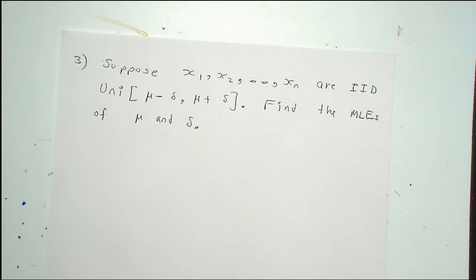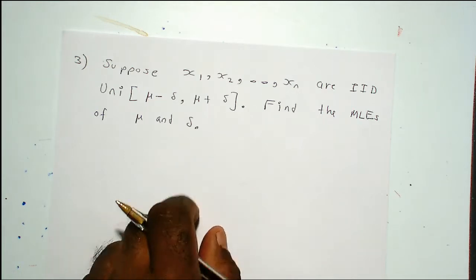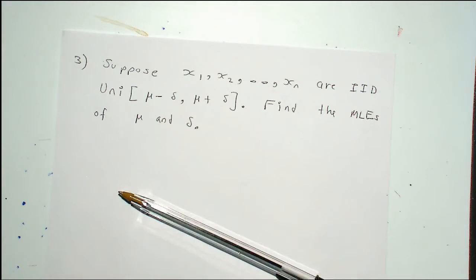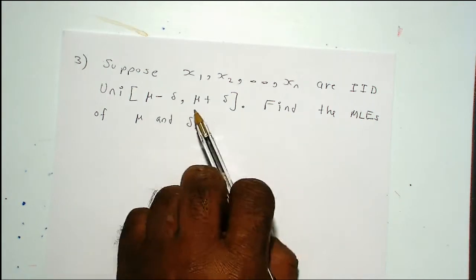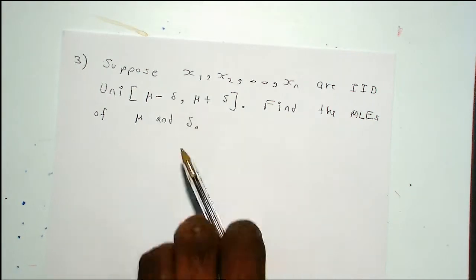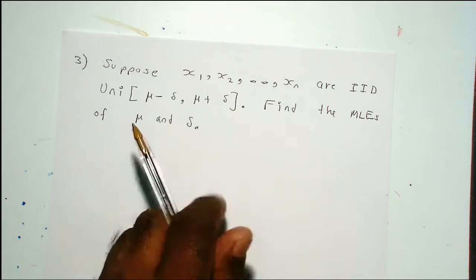So here you have, once again, a random sample from a uniform distribution from mu minus delta to mu plus delta. This was one of the past exam paper questions, guys.